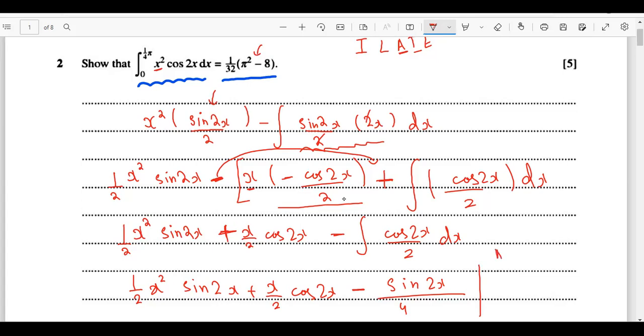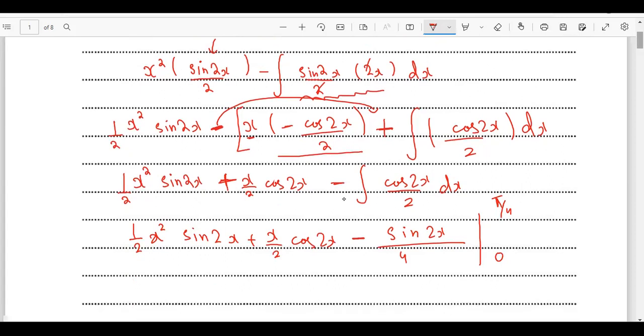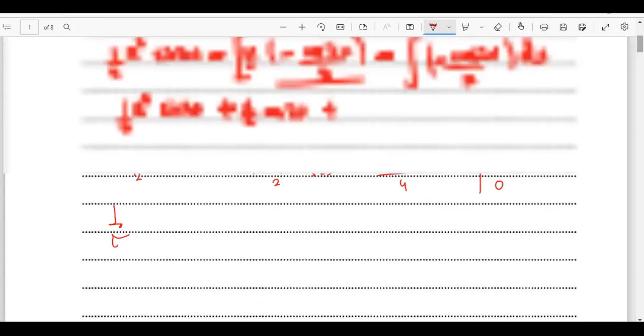The limits are pi by 4 and 0. Now, when I plug in pi by 4 in x squared, that would give me pi squared by 16, and the 1 by 2 is going to come as it is.